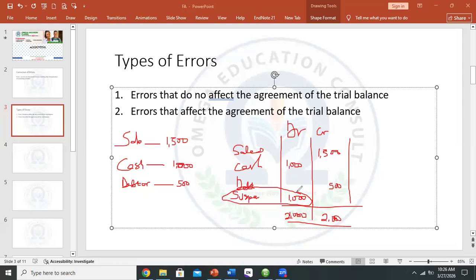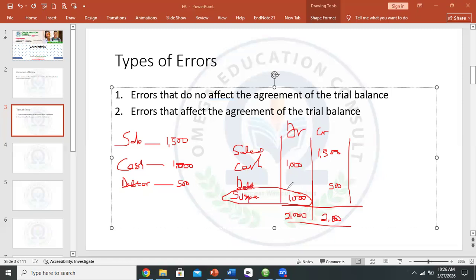When you investigate and realize that the debtor should be at the debit side, then you go and pass the correct entries to correct it. You can't use an eraser or correction fluid to clean it; you would have to pass journal entries. And that's what we are going to be doing.